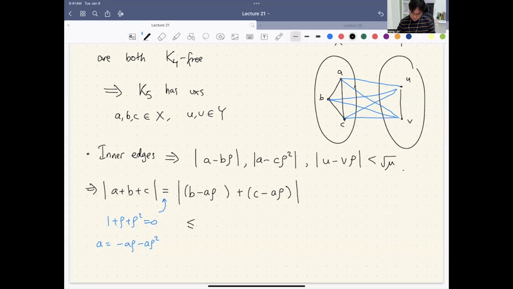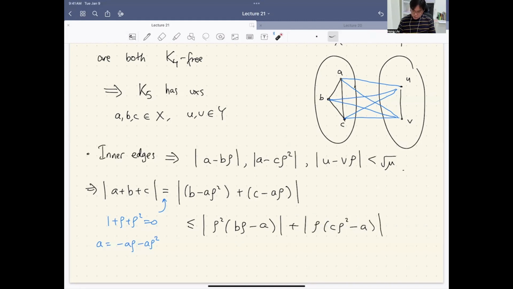Wait. Okay, so this is less than rho squared B rho minus A, plus rho C rho squared minus A. Now it's correct. This is norm 1, so you can get rid of it. And what's the norm of these two? They are tiny, so this is less than 2 square root mu.